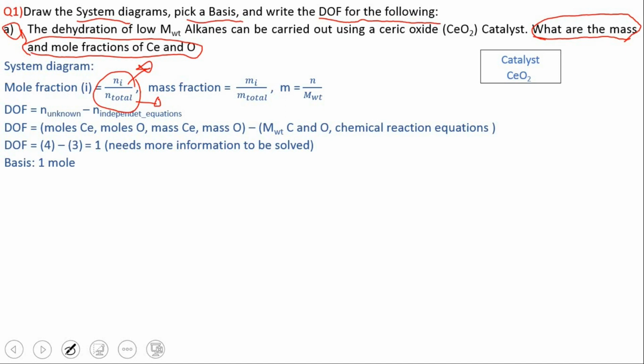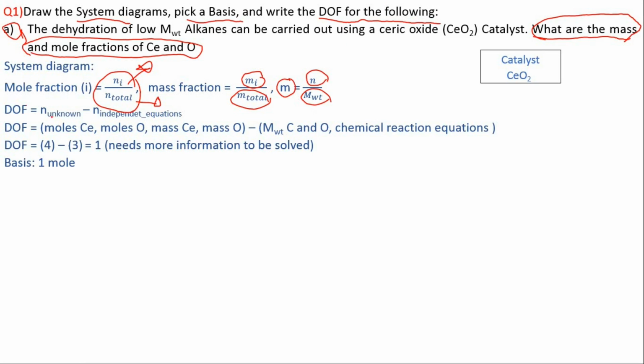And for the mass fraction, we need also to find out the mass for each atom and the total mass for the chemical compound. And to find out the mass, we need to know the moles and the molecular weights.